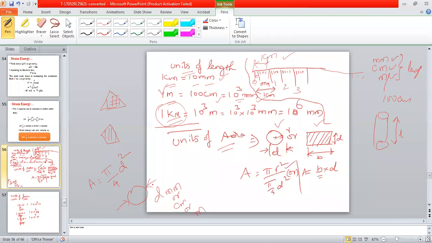And if the radius of the component is given, then the area formula is pi r square. The units for the radius are also the same: mm, centimeter or meters. We measure from the center to the outer circumference, which is the radius of the component. This is how to calculate the cross-sectional area of the component.